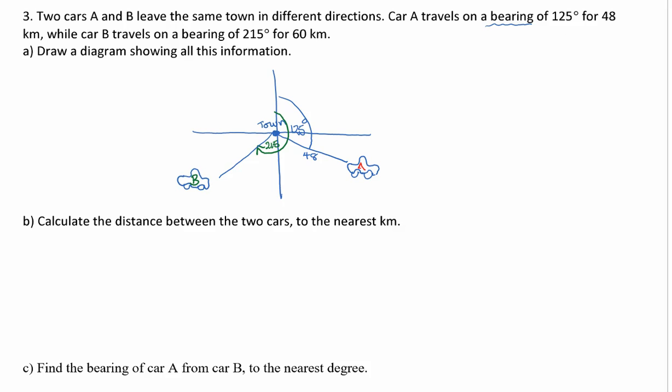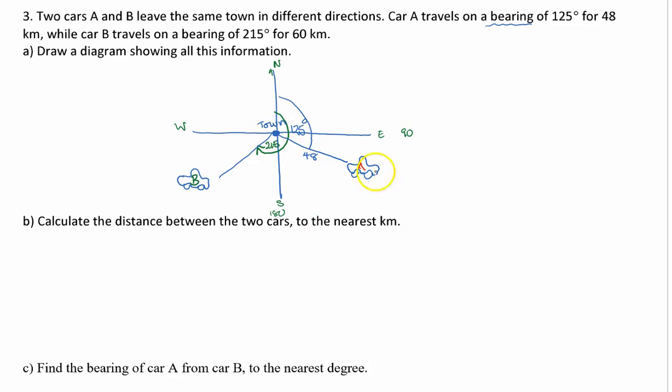So you can see there that I've put in my compass points, north, south, east and west. It says leaving from a town, both cars leaving from town. Always put where they're leaving from in the middle. And you can see I've written town there. Car A travels on a bearing of 125. 125 is obviously between 90 and 180.